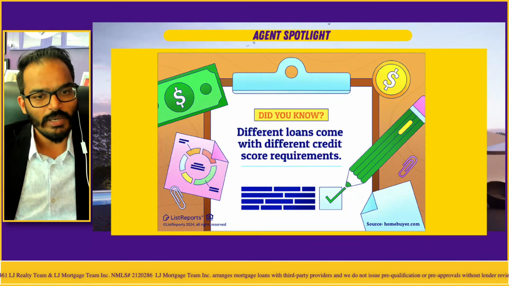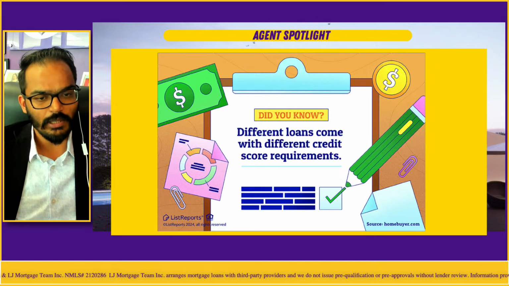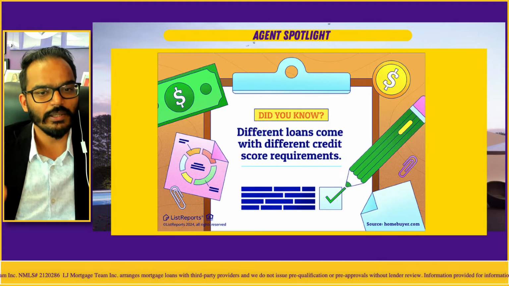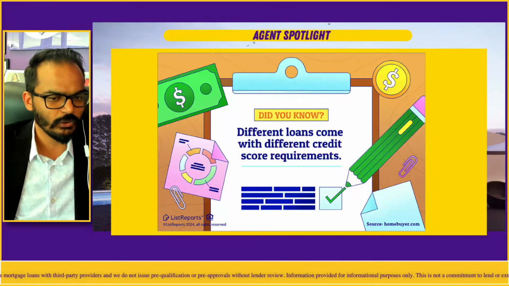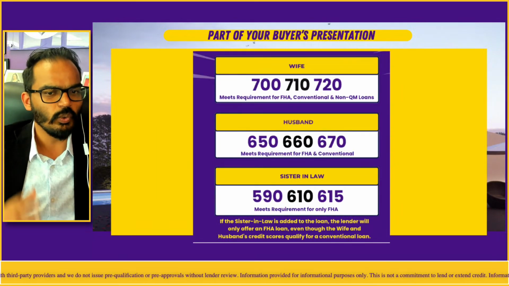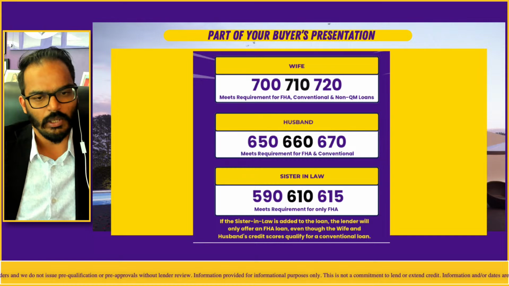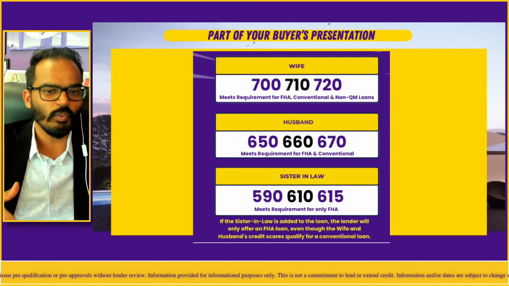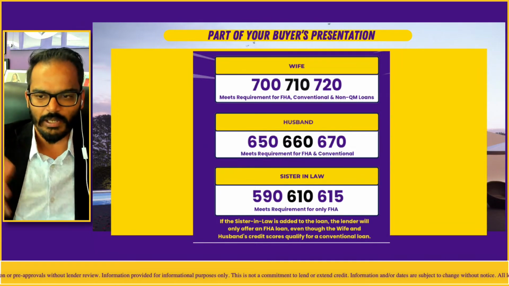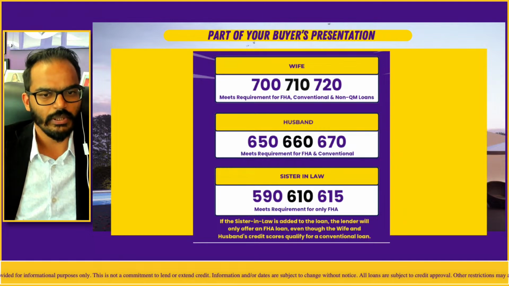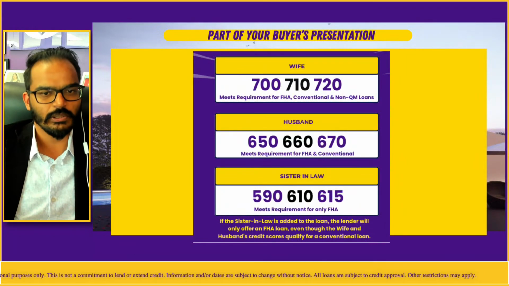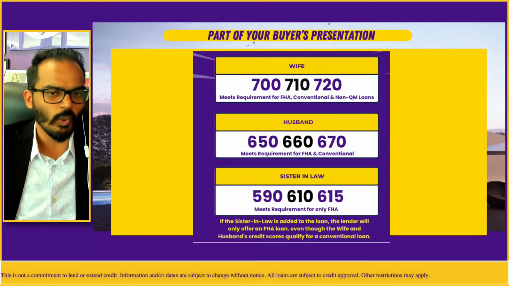And this is part of our presentation too. You should be telling all your clients that different loans come with different credit score requirements. We already mentioned that, but there are many first-time home buyers who, when they speak to a loan officer like Hassan here, and he asks them, as a loan officer, what are your credit scores, they'll say, let's say for the wife, 720.